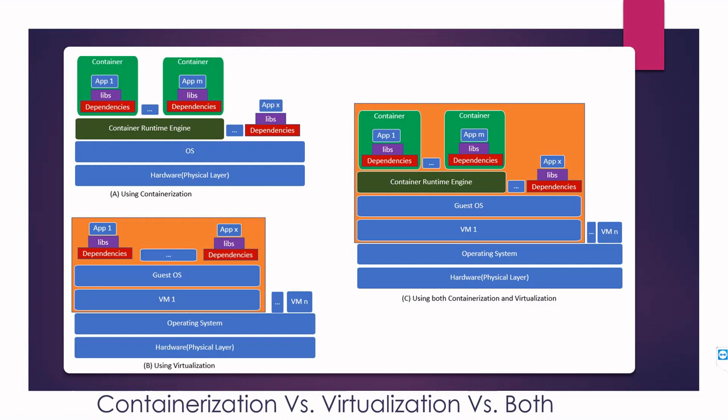Now, you can use them both, which is the case when we have a Windows or a Mac machine that we want to run a container on, at least for Docker. You can have a virtual machine that has an operating system, and then the runtime engine on top of that operating system, and then the container that has your application and everything it depends on packaged.